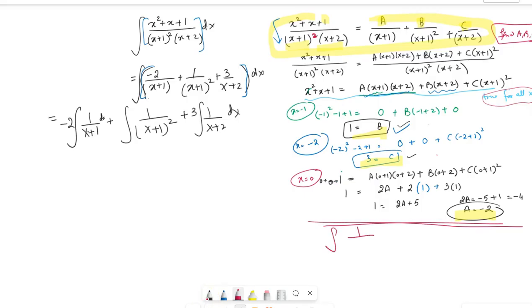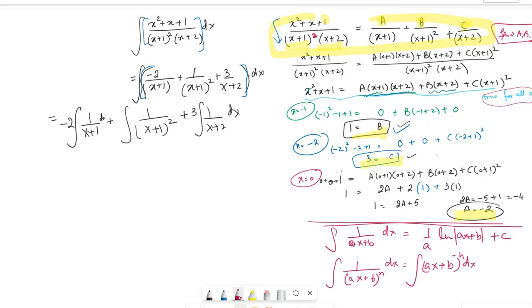Integral of 1 by ax plus b is 1 by a natural log of ax plus b plus C. And if we have an integral of 1 by ax plus b power n, that can be written as ax plus b power negative n. Okay, so that can be treated as power rule actually.